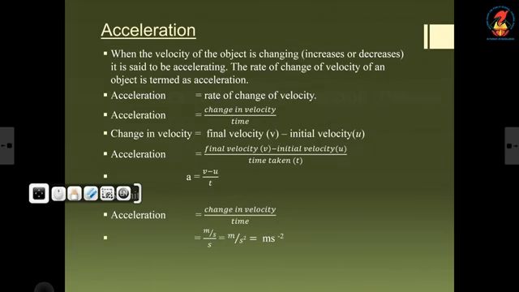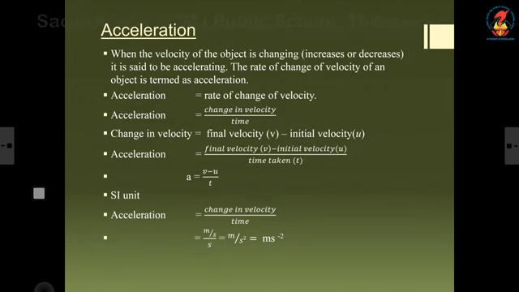Normally in vehicles, an accelerator is there. What's the function? To increase or decrease the speed. Actually, for decreasing, you need to apply brakes. When the velocity of an object is changing, that is, increases or decreases, then that term is known as acceleration.